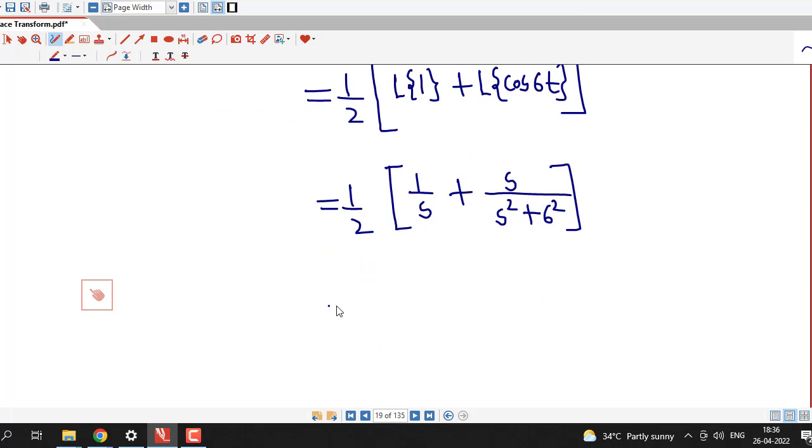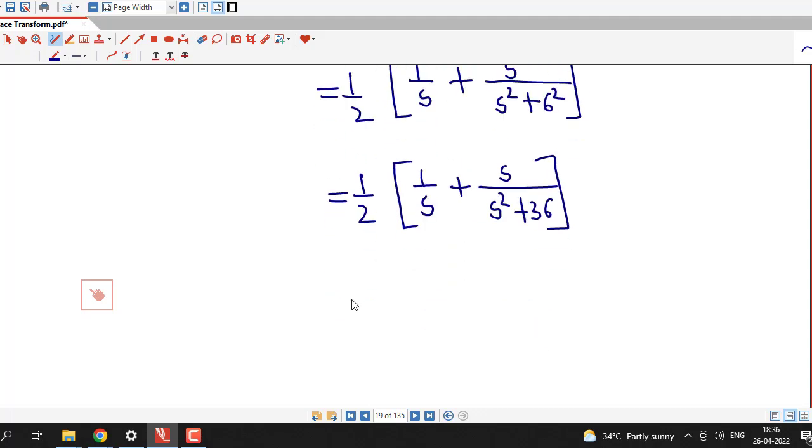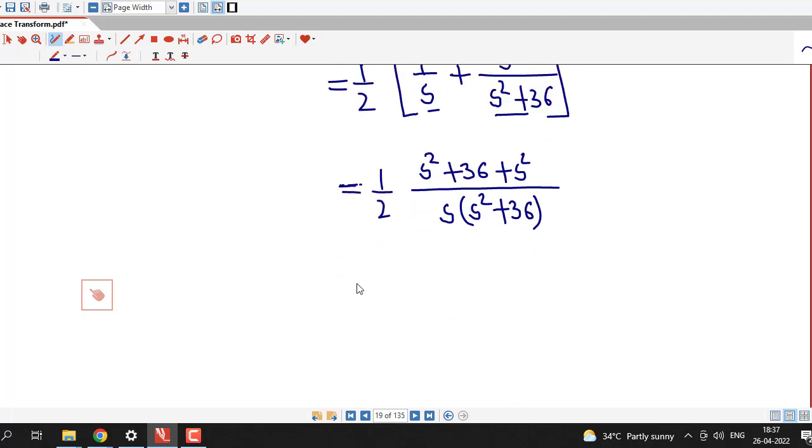and this we can simplify. 1 by 2 times 1 by s plus s divided by s square plus 36, and if we wish we can simplify further. We take LCM as s times s square plus 36, and here this 1 is multiplied by s square plus 36, and this s is multiplied by this s, that is going to be 2s square.